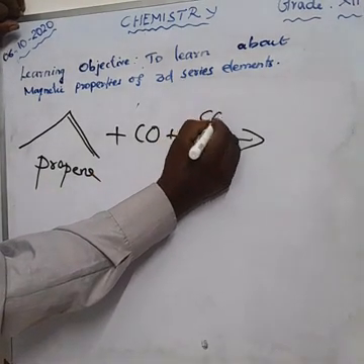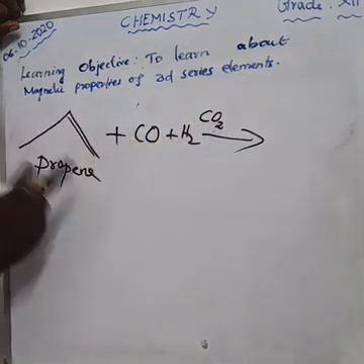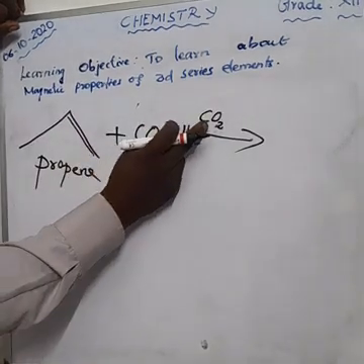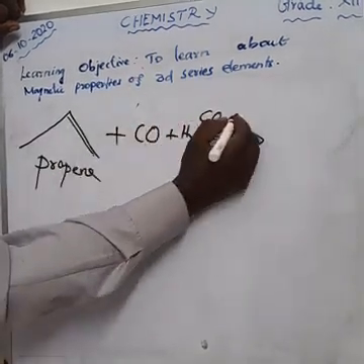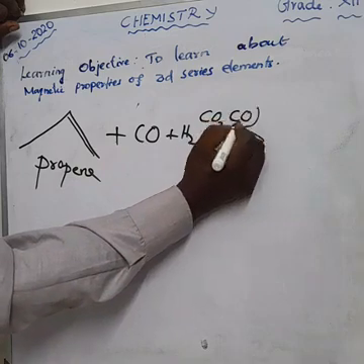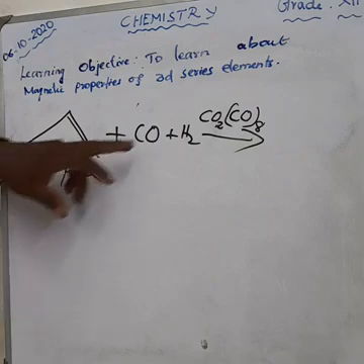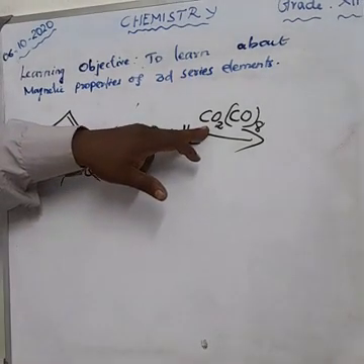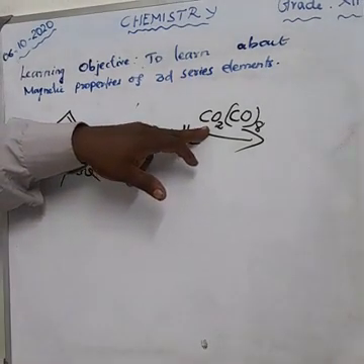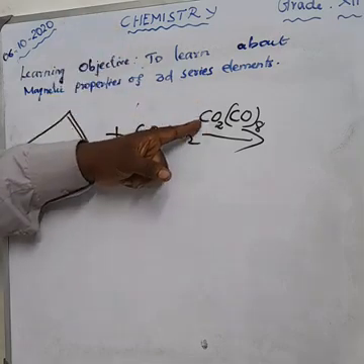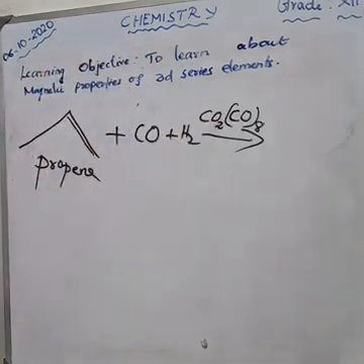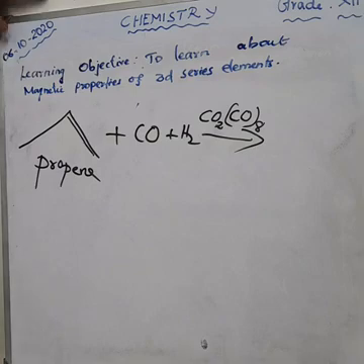Dicobalt, that is Co2, and octacarbonyl, that is CO molecules with 8. Don't say CO2, okay? This is dicobalt, 2 cobalt is there. The product obtained is butanol.